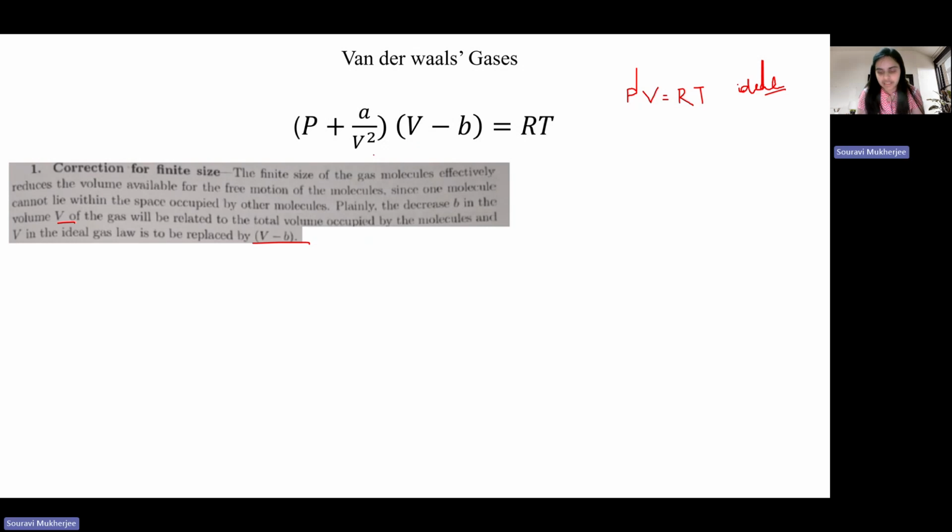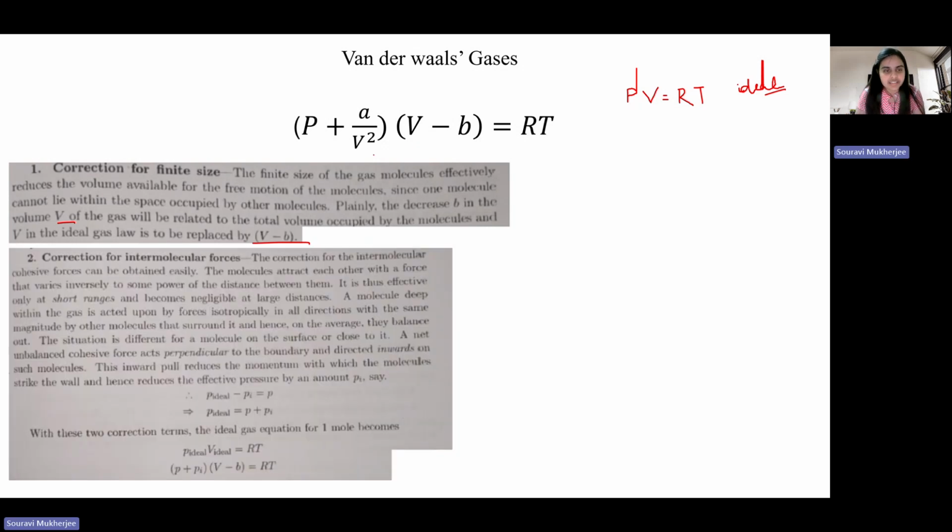Now, the other correction is the fact that there are intermolecular forces. That means the particles do interact with each other. Why will it change the pressure term? If you have free particles in a container with a wall, the particles freely hit the wall, and that is where the pressure comes from. But if the particles are interacting with each other, there would also be cohesive forces between the particles.